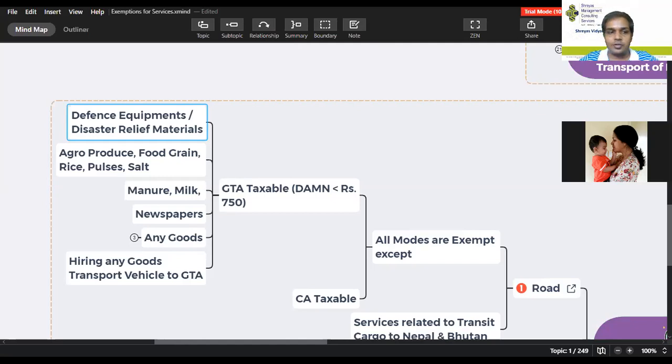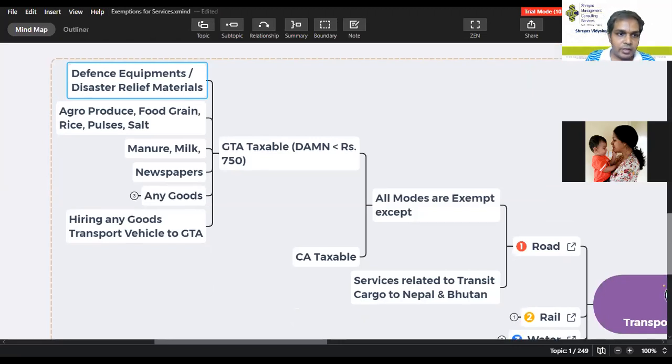Now the interesting question going on is whether transportation of these COVID relief materials should be exempt from GST or not. Of course, you're not going to be tested in the examination on it, but just to tell you how practically every word is important, because it says disaster relief materials, and disaster could be man-made or natural. So even this could be exempt from GST.